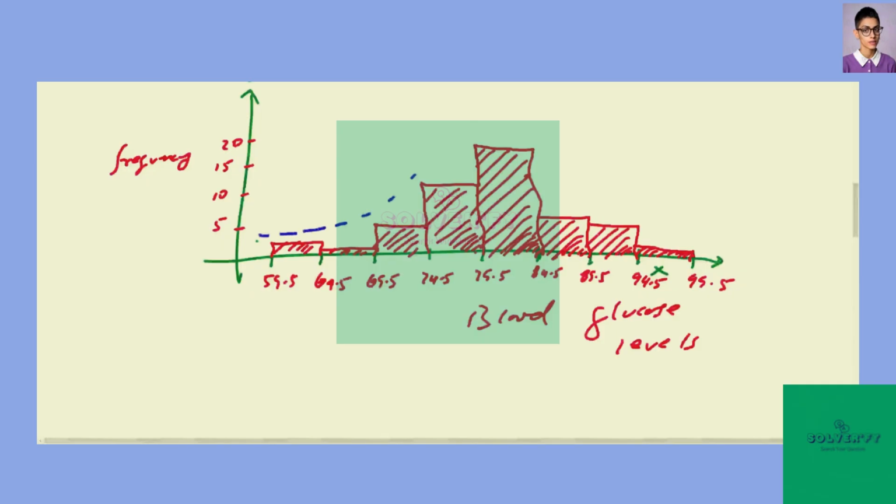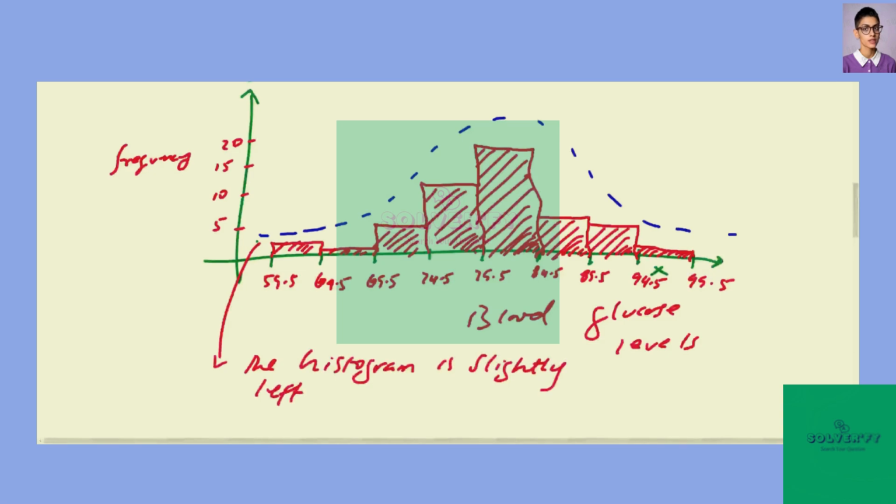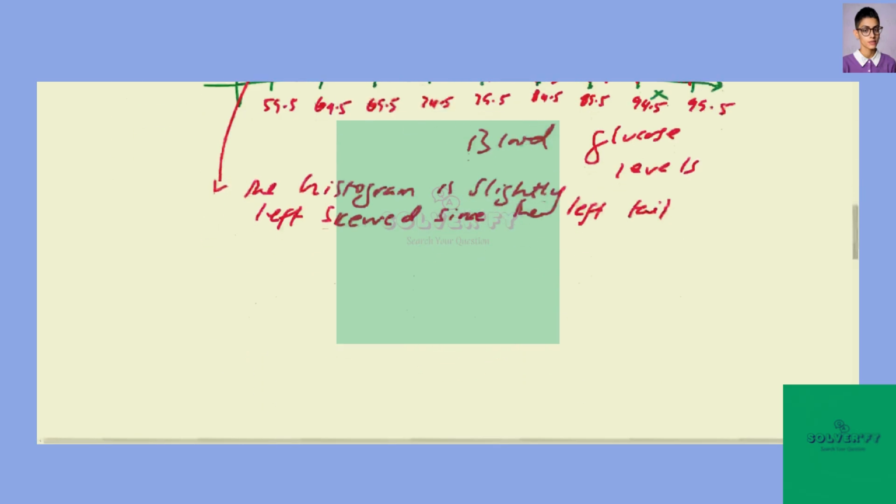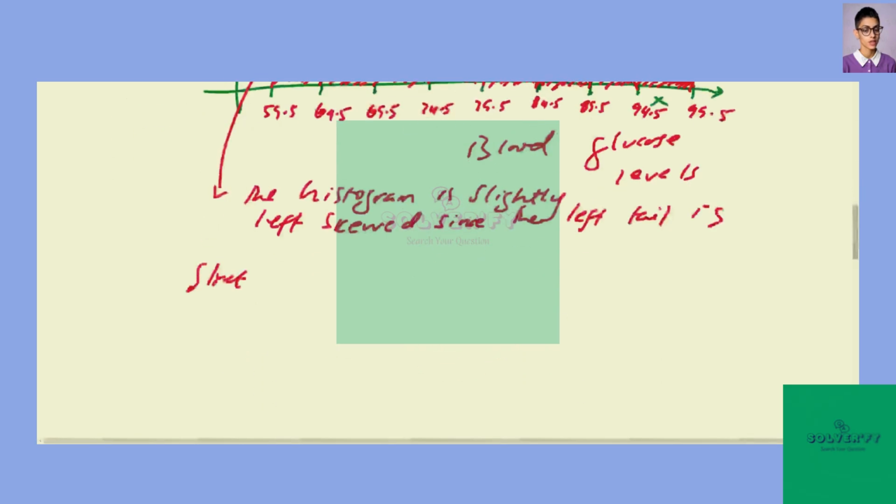It just so happens that the histogram is slightly left skewed, since the left tail is stretched relative to the right tail. So that's what you have right there.